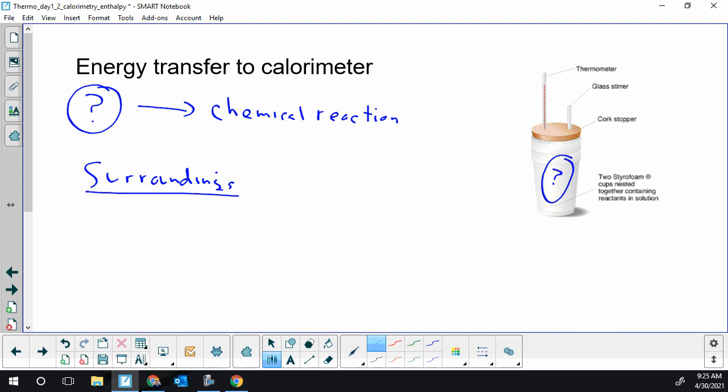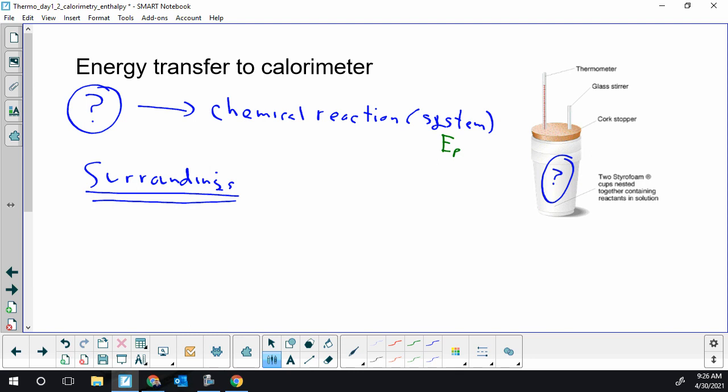Two words that are going to get used a lot are system and surroundings. The system is the chemicals, so the chemical reaction is the system. Okay. The system is going to be related back to the potential energy. Okay.